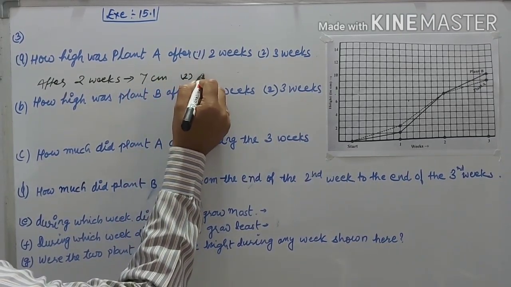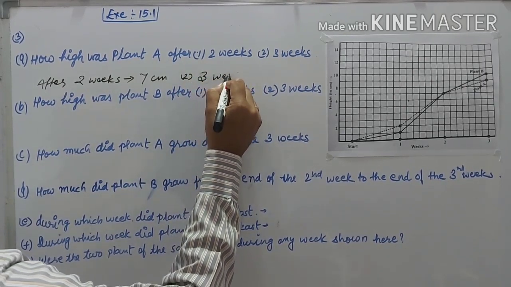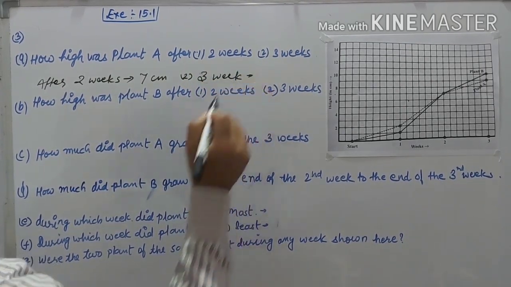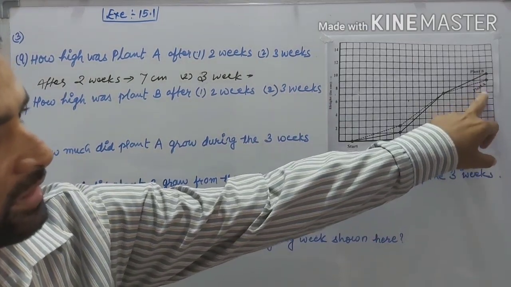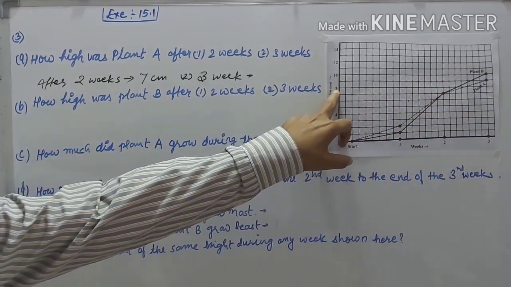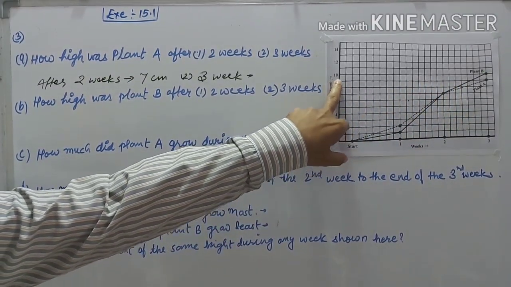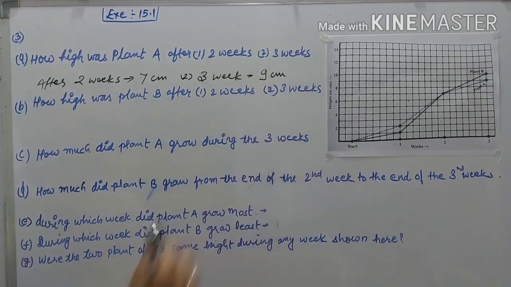After 3 weeks, the height, following the dotted line of plant A, is between 8 and 10, so it is 9 centimeter.